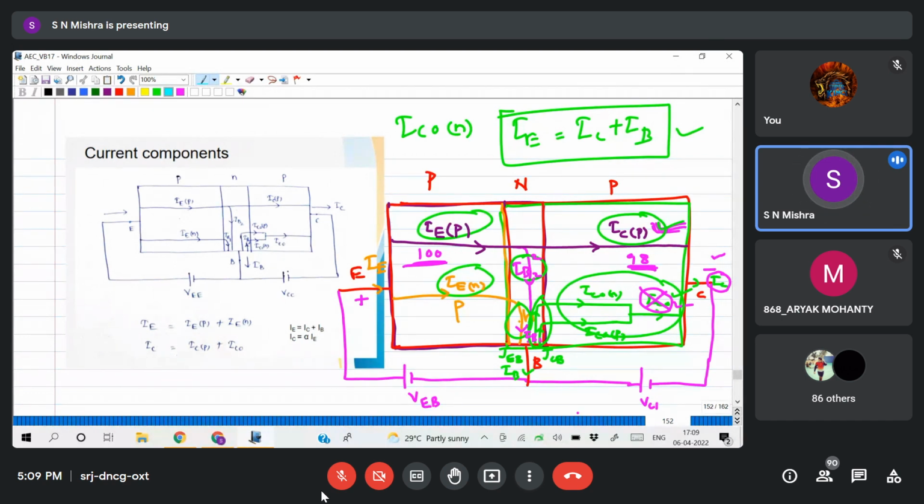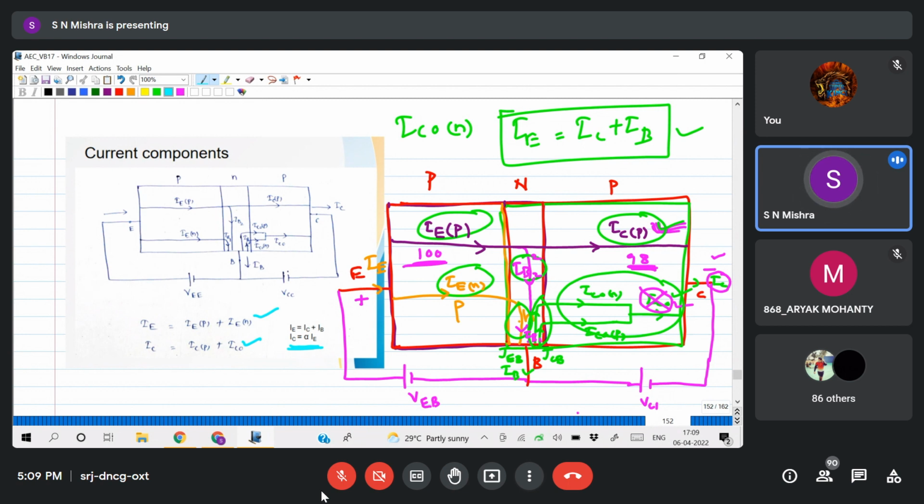Emitter current is due to hole and electron. Base current is due to IB1, IB2 minus IB3, and collector current is due to IC due to hole plus leakage current. Total IE equals IB plus IC, and this IC equals alpha IE, as I just explained. Any doubt from this point?